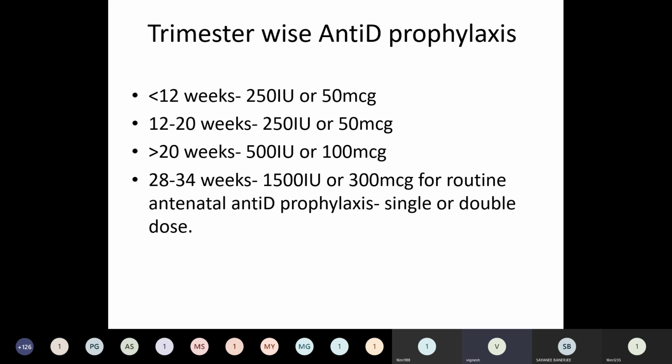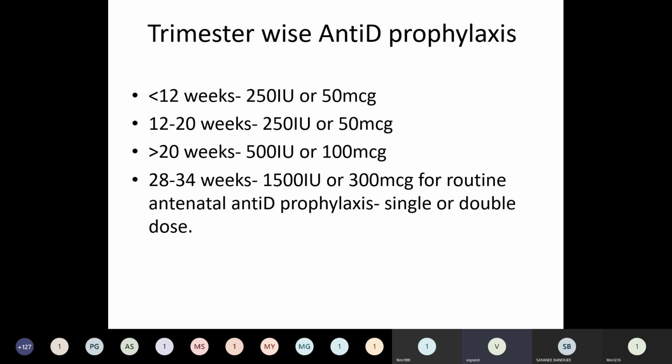If it is more than 20 weeks, the anti-D should be 500 international units or 100 micrograms, that is in the late second trimester. Third trimester, between 28 to 34 weeks, you have to give 1,500 international units or 300 micrograms for routine anti-D prophylaxis, and it could be given as a single or a double dose.